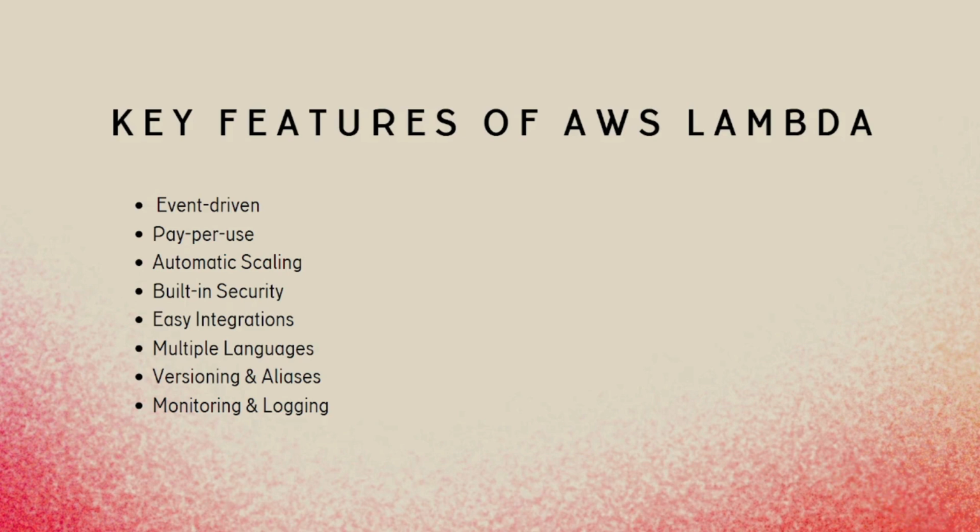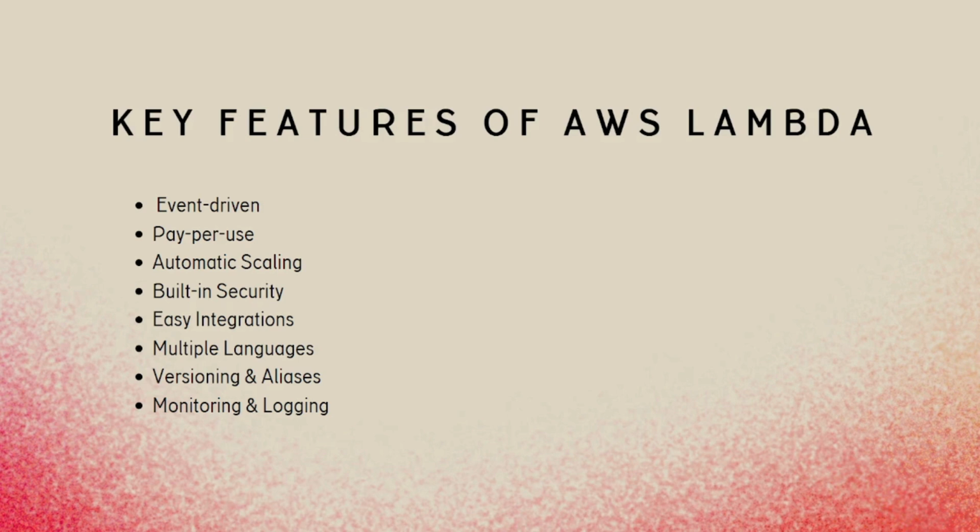Automatic scaling: it handles one request or 1 million requests without any manual configuration. You don't need to configure anything in terms of automatic scaling. Then built-in security comes with Lambda. It works with IAM, VPC, key management services, and integrates with AWS security best practices.